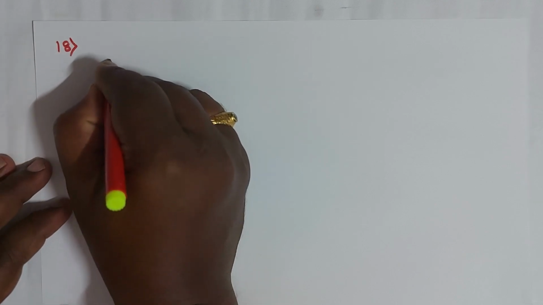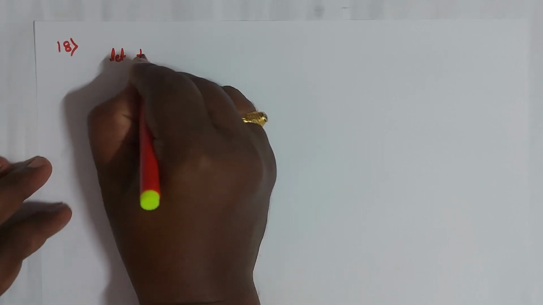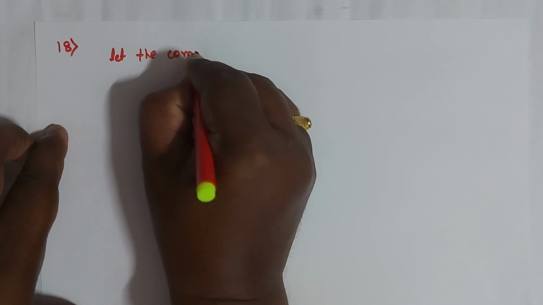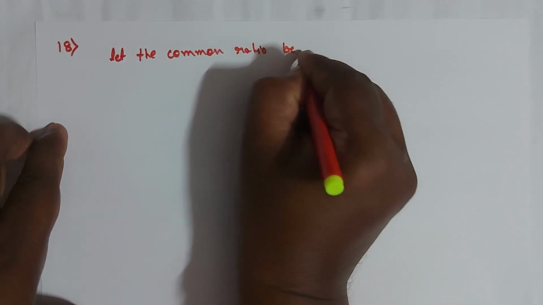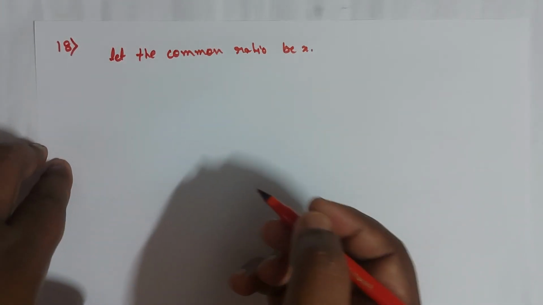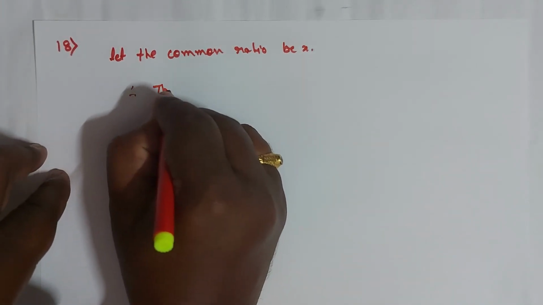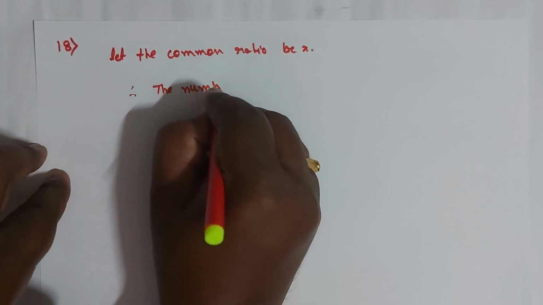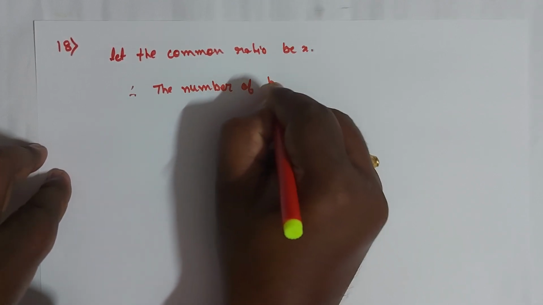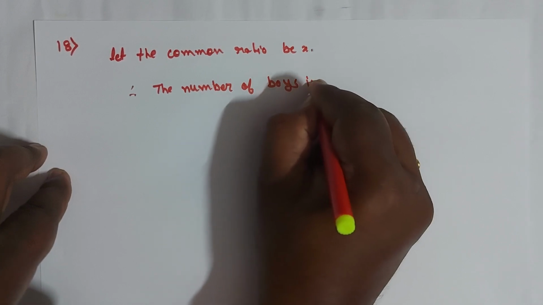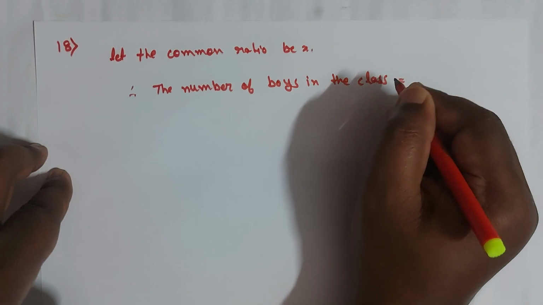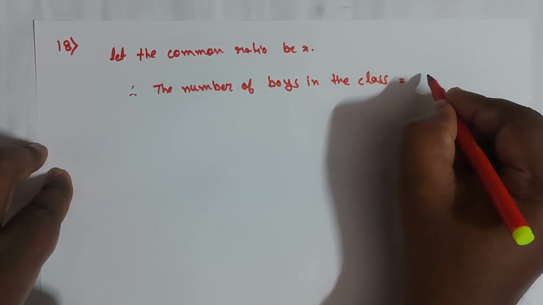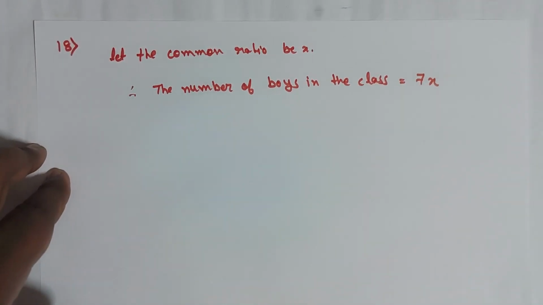Okay, so let the common ratio be x. Therefore the number of boys in the class equals 7x.